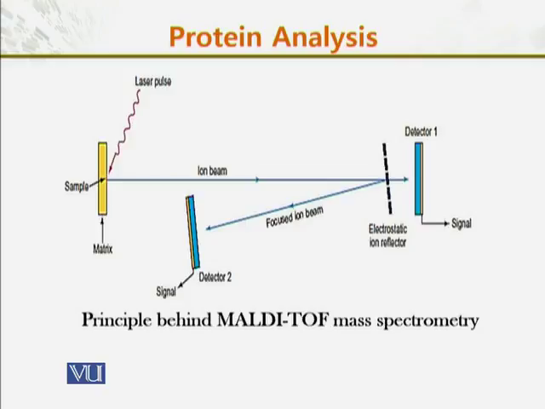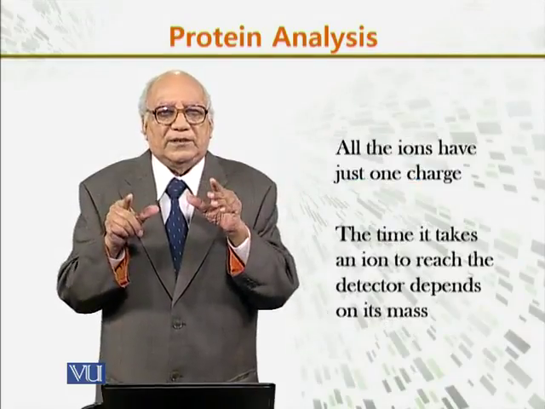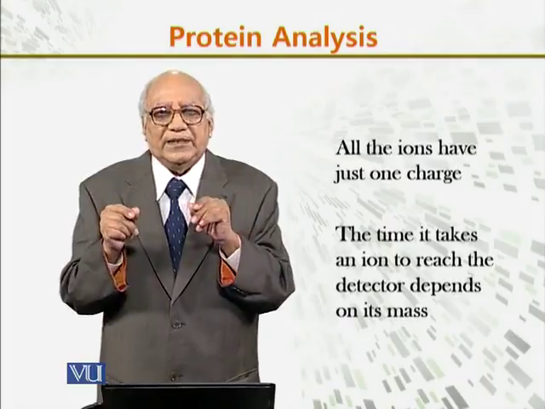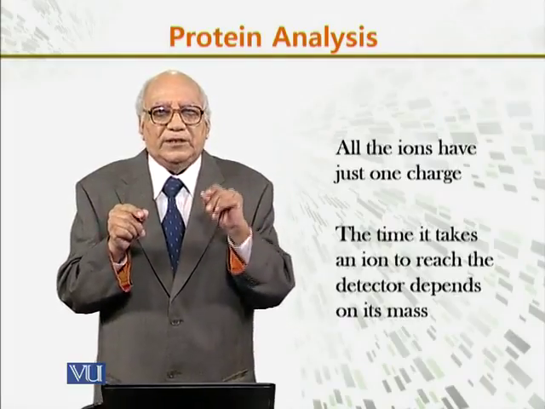Again, from the electrostatic ion reflector, the focused ion beam is put on detector number 2, which also gives the signal. By determining all these ions, they have just one charge. That is the one important thing: all the ions have one charge.